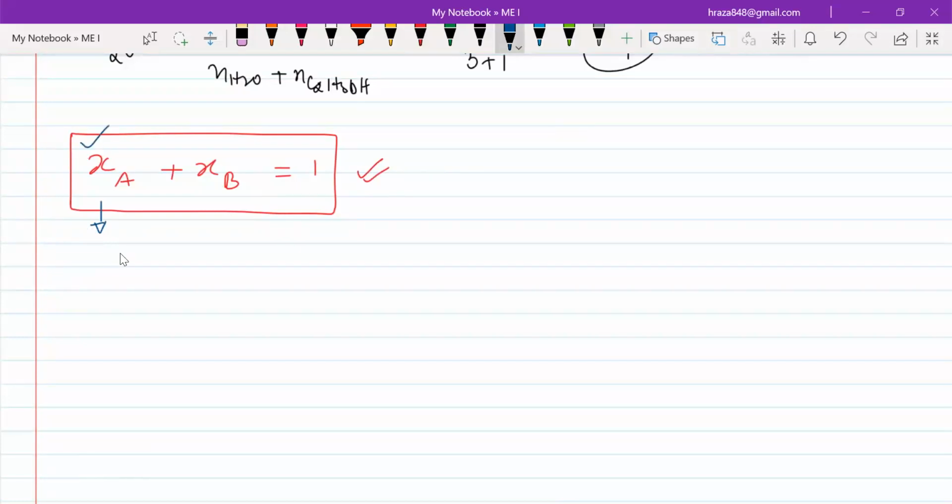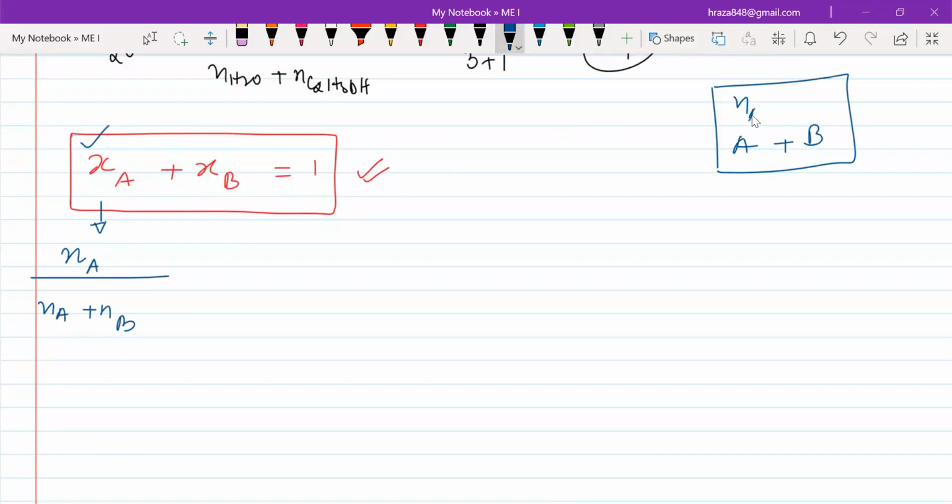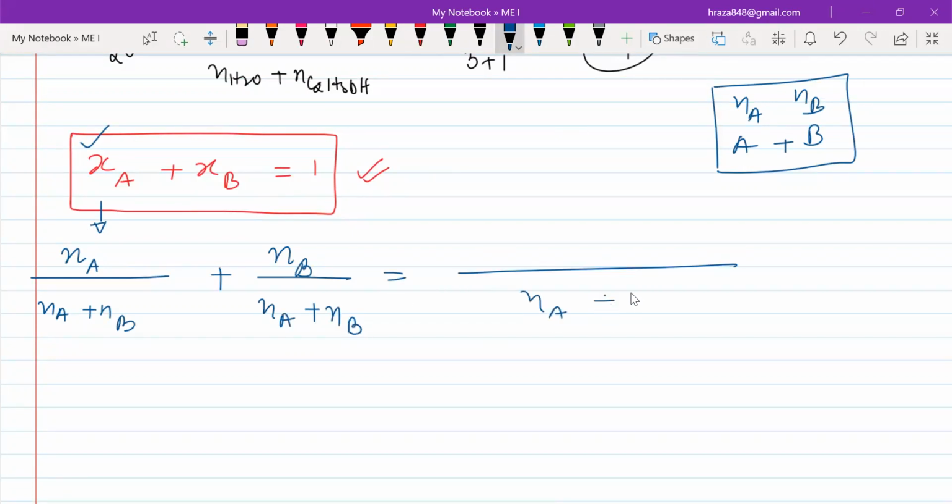If you apply the mole fraction formula here, it will be number of moles of A upon number of moles of A plus number of moles of B. If A and B are present in this container, with number of moles Na and Nb, then applying the formula, the mole fraction of B is number of moles of B upon number of moles of A plus number of moles of B. Now, if you take the LCM, it will be Na plus Nb, and in the numerator it will be Na plus Nb, which cancels and the value will be 1.